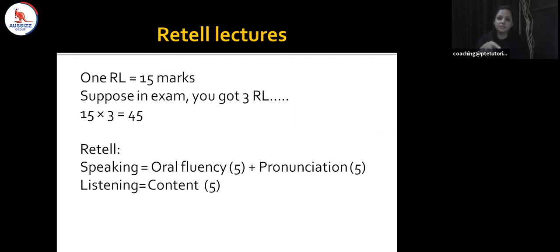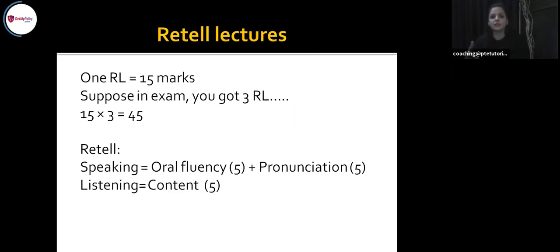See, when the pronunciation score is not good, it means whether you have jotted down or spoken the keywords, maximum keywords, but the pronunciation is not correct. Now the software will not be able to capture those words. It entirely depends upon pronunciation.